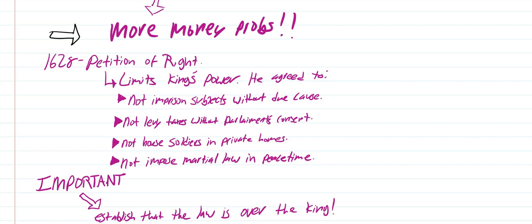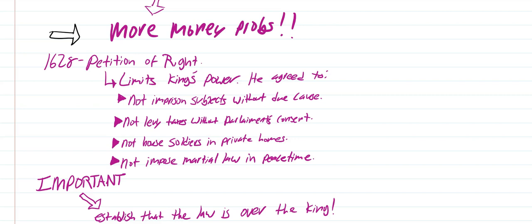He agreed in this Petition of Right, for the sake of getting money, that he would not imprison subjects without due cause. Apparently, kings would traditionally imprison people for no reason and then leave them in prison forever and a day. He also could not levy taxes without Parliament's consent, again, Parliament controlling the money. He was not allowed to house soldiers in private homes.